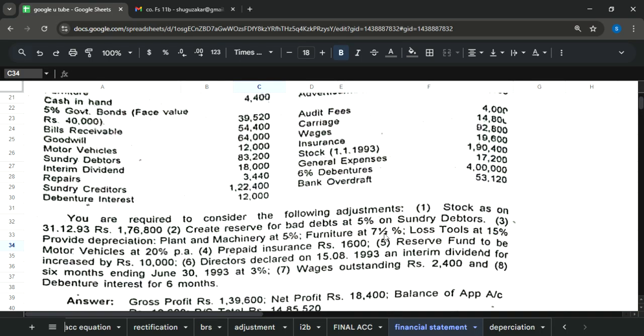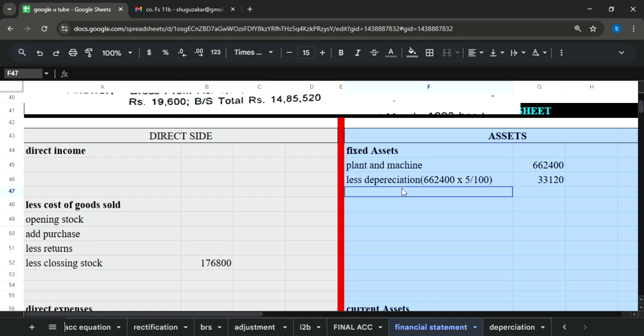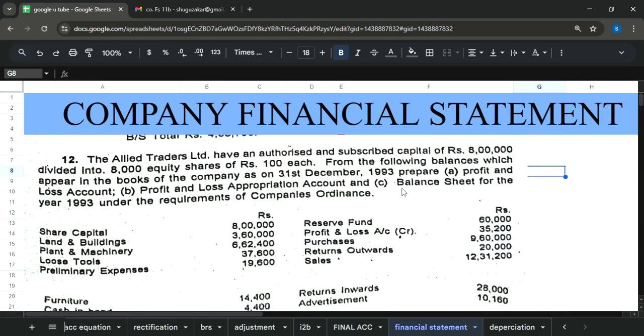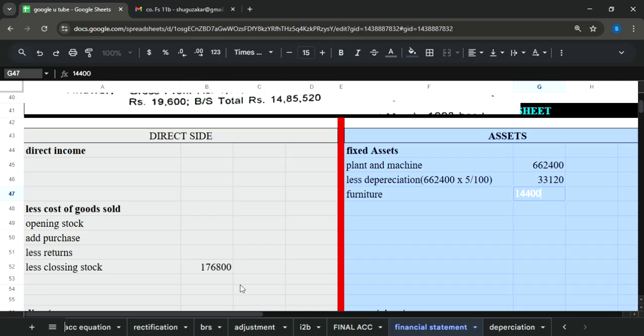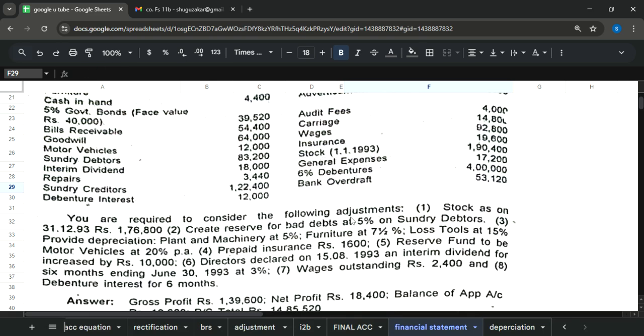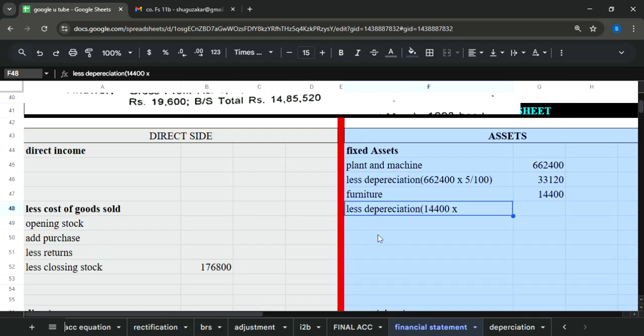After that, furniture is required to be depreciated as well. So first, in fixed asset, we will note how much amount of furniture is. Look at here, furniture is present 14,400, and now we will calculate its depreciation. 14,400 is the amount of asset, and the rate of depreciation, look at here, 7 and 1 over 2, that means 7.5.